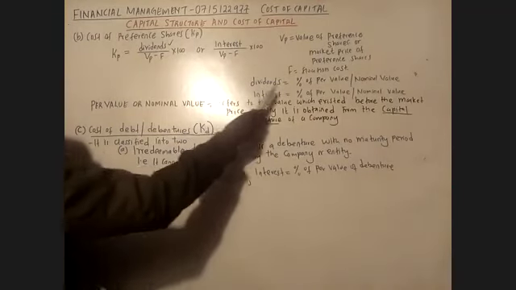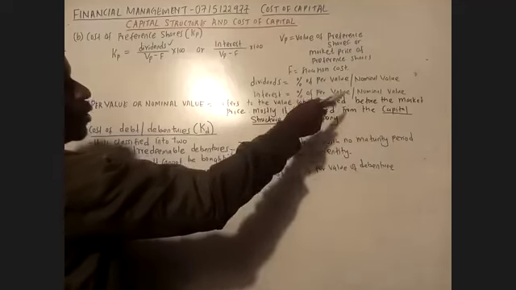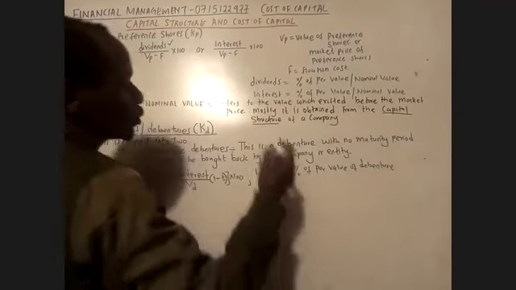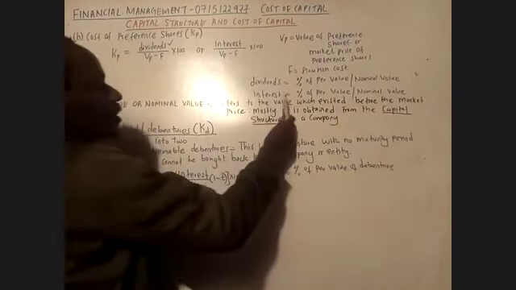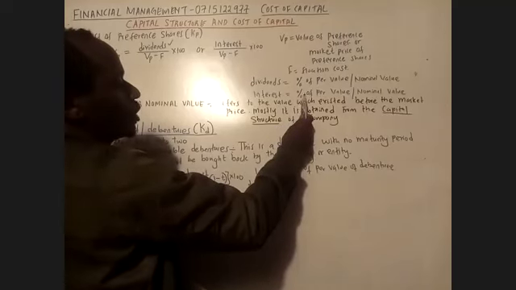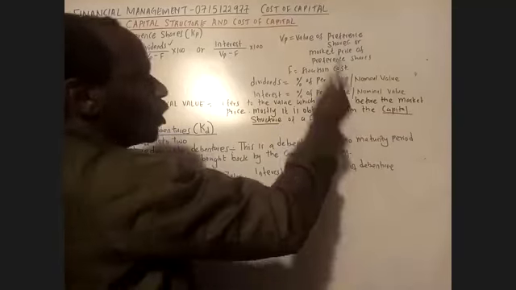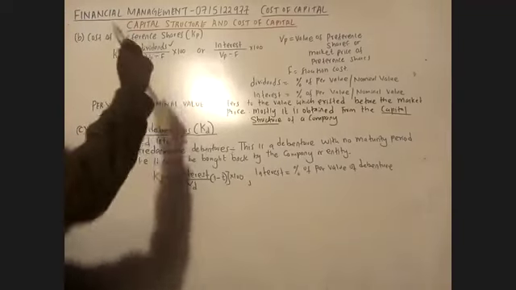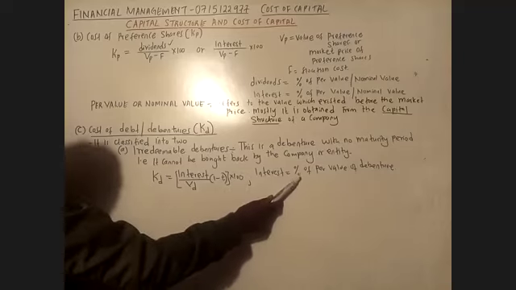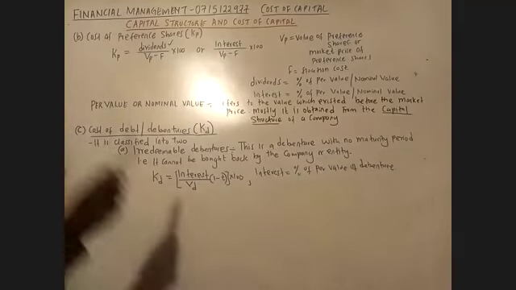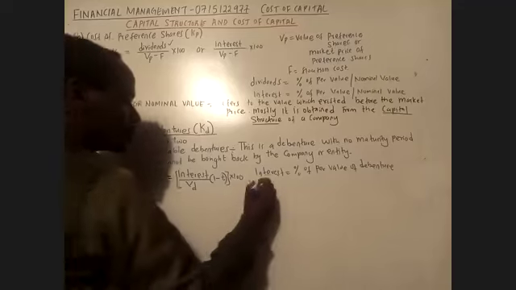The dividend is a percentage of the par value or the nominal value of the preference shares. Now here for debentures, the interest will be equal to the percentage of the par value of the debenture.